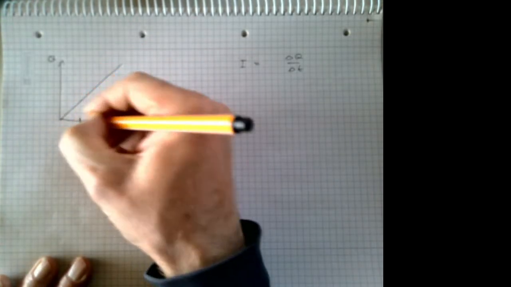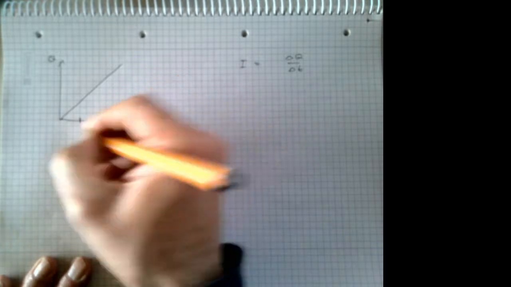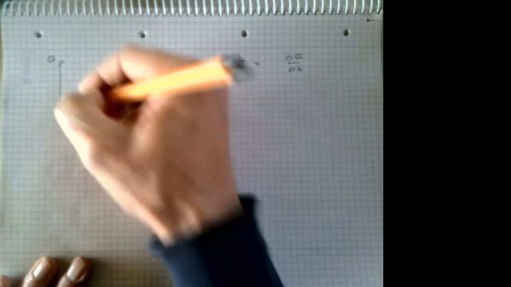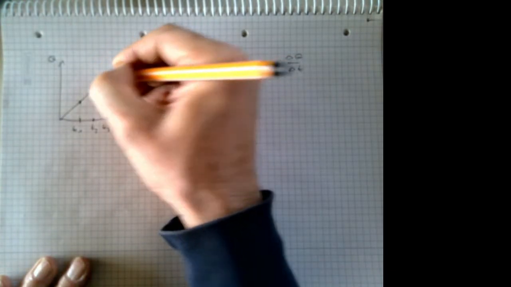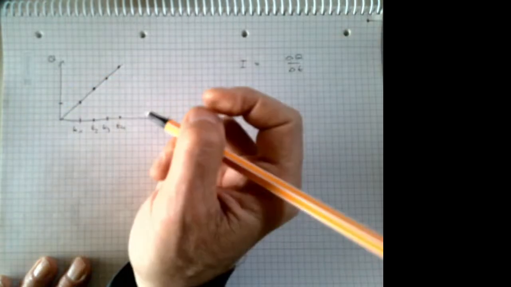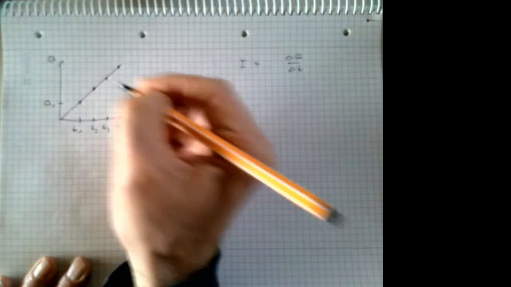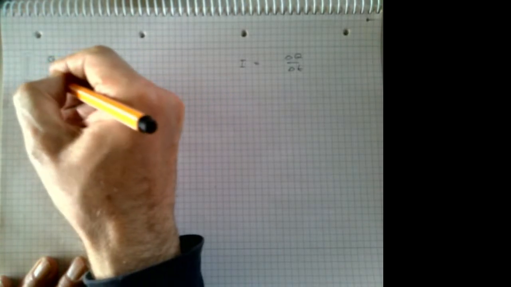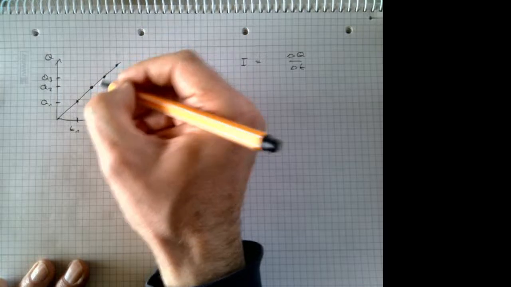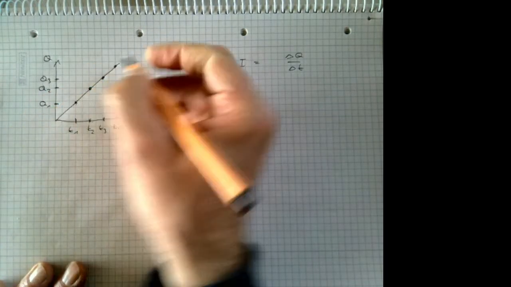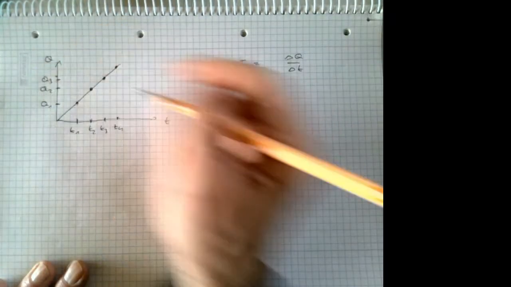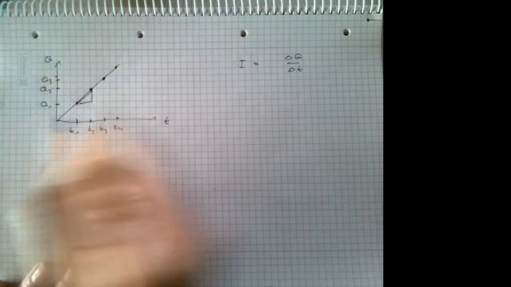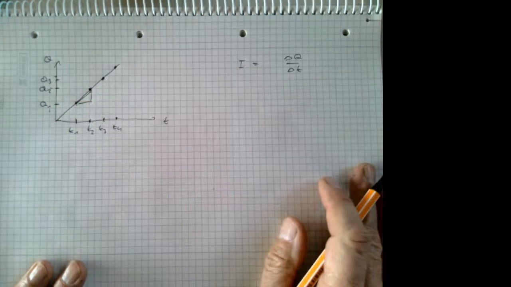Because I can take equidistant times, let's say T1, T2, T3, T4, and I'm measuring the Q's, right? Up to this point I have Q1, up to that point I have Q2, up to this point I have Q3, and so on. It should be equidistant here. I don't know, something is off. Anyway, for example, from here to here, what is the difference of the charges we transported between 1 and 2?